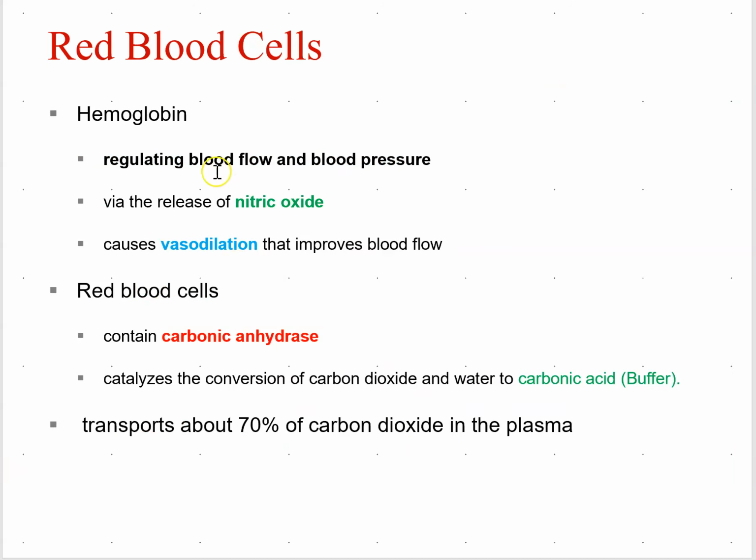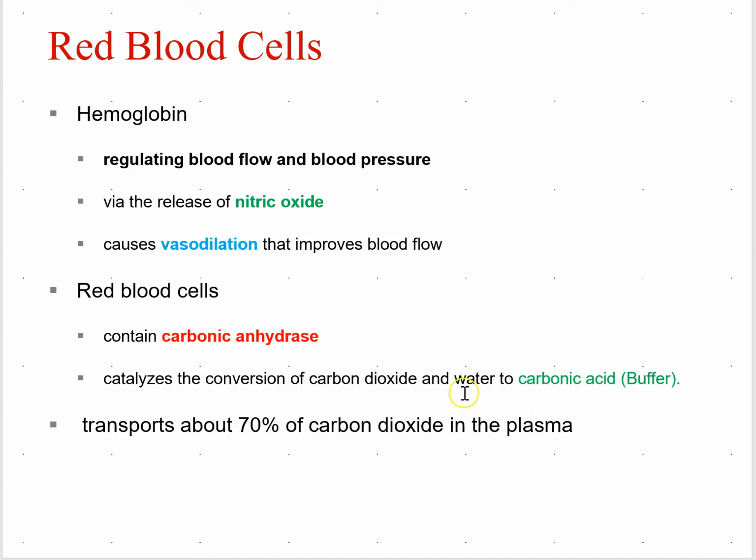Red blood cells contain hemoglobin and help regulate blood flow and blood pressure. They also release nitric oxide, which is a potent vasodilator, so they improve blood flow because they help in vasodilation. They also contain carbonic anhydrase, an enzyme responsible for the conversion of carbon dioxide and water to carbonic acid.